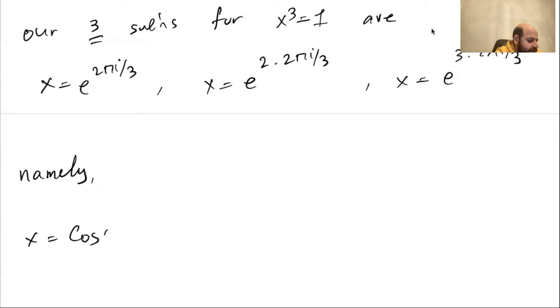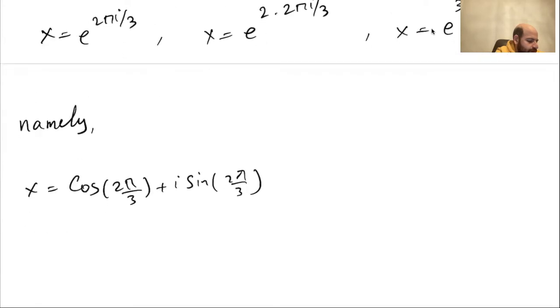So this one is cos 2 pi over 3 plus I sine 2 pi over 3, which is minus 1/2 plus I root 3 over 2.